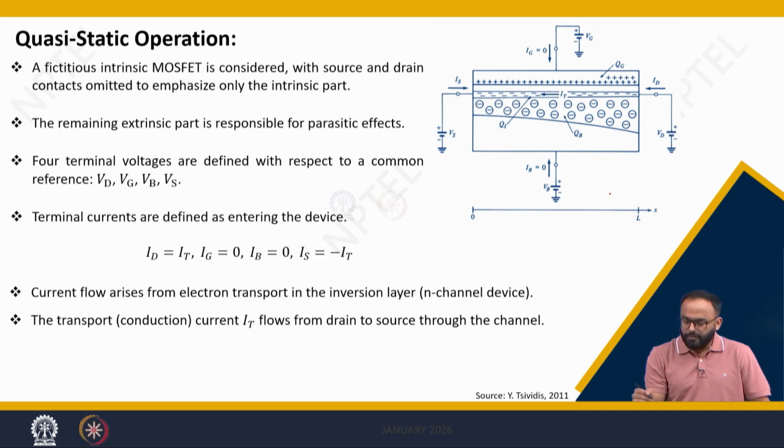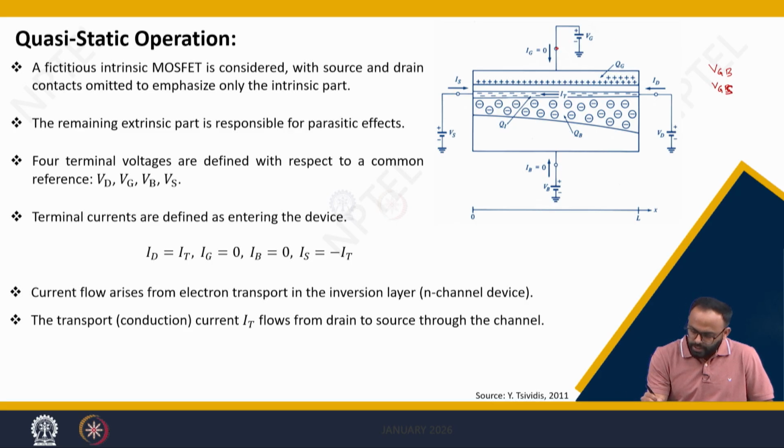So, let us see first our fictitious MOSFET. In this structure, we remove the source and the drain, considering there is a source and drain related with this channel. To understand this, we are not connecting the voltage with respect to body or source; we are just showing the terminal voltages separately.